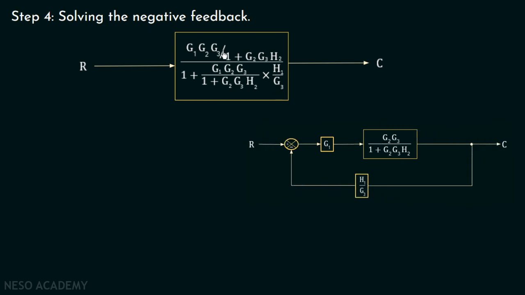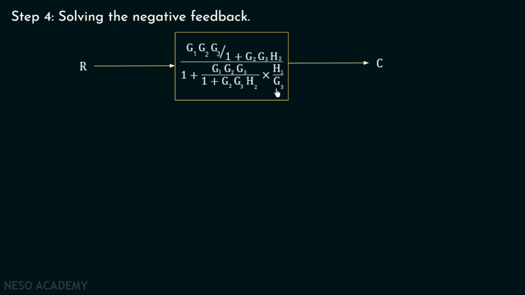If we observe, this gain G1 G2 G3 over 1 plus G2 G3 H2 is the forward path gain of the negative feedback system, and H1 over G3 is the feedback path gain. And we have used the formula G(s) over 1 plus G(s)H(s) in order to evaluate the negative feedback.